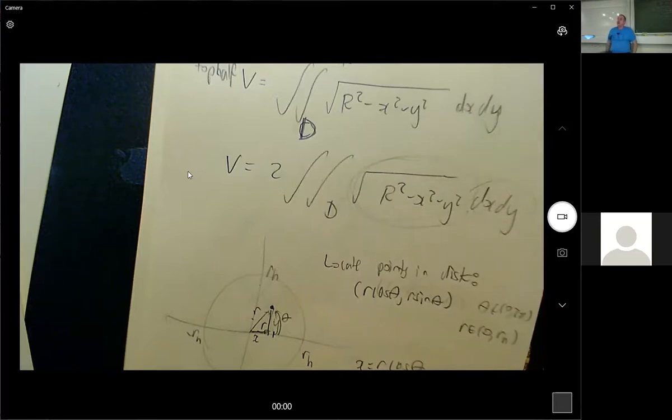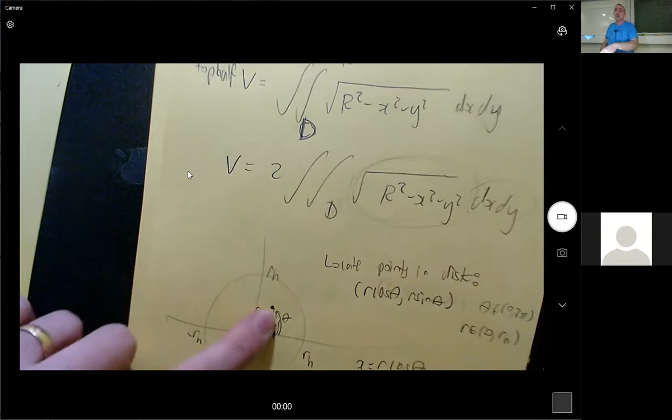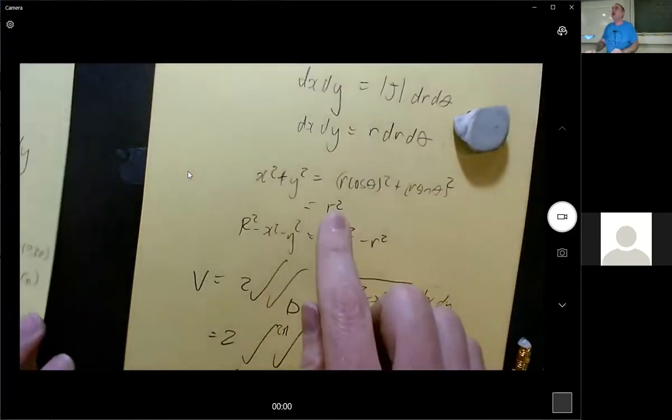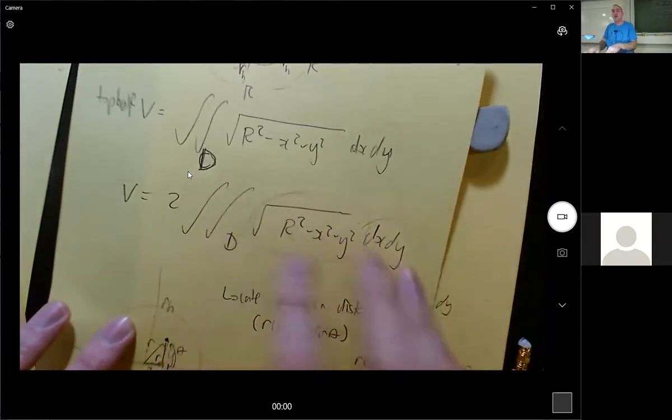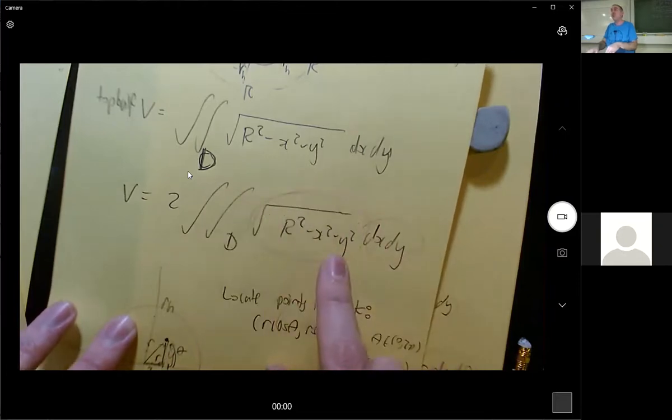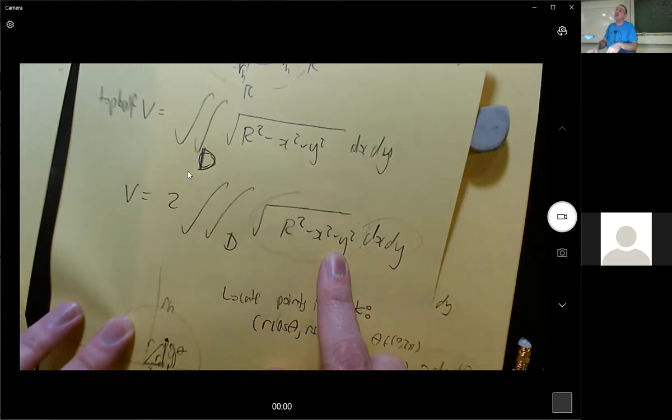Yep. It's deliberately exactly that, trying to connect locating a point using x and y to locating the point with r. And since I'm going to do this integral by locating the points using r and theta, I have to change this formula to not be involving x and y anymore and involving the r and the theta that I'm using. So that's the goal.